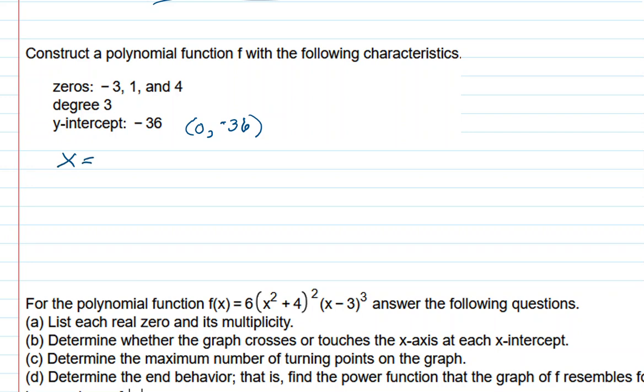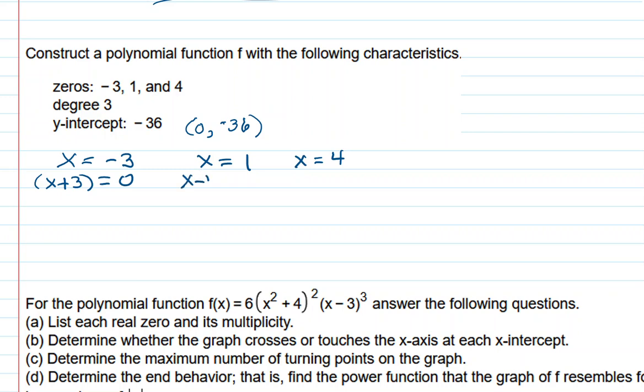All right. X equals -3, x equals 1, and x equals 4. That's our first start because these are zeros. And we know they're x-intercepts. So I'm going to add the 3 to keep the 0 concept that was happening when they factored this cubic.